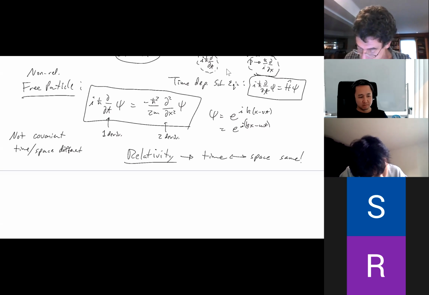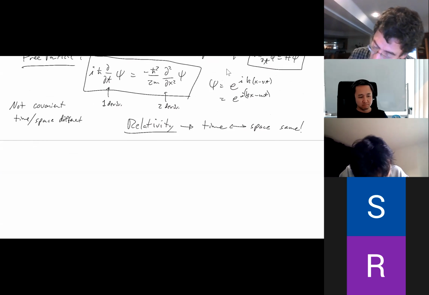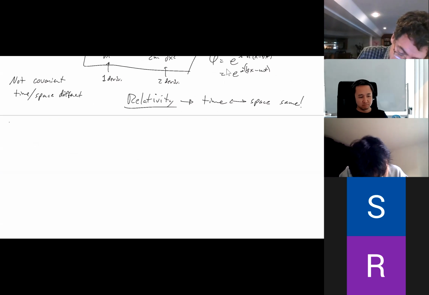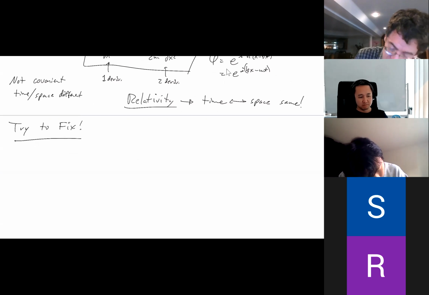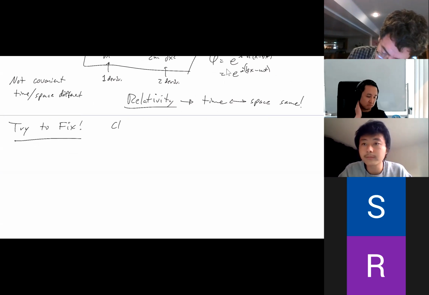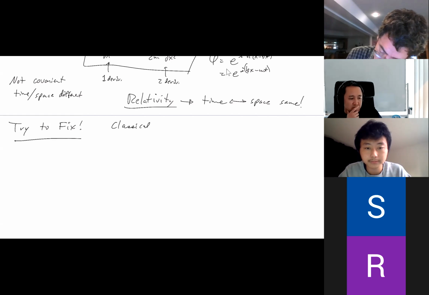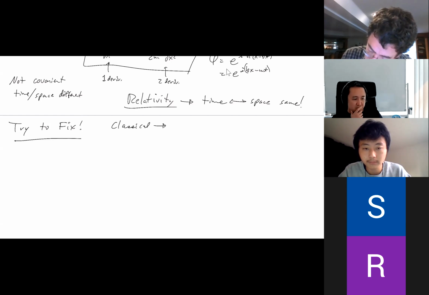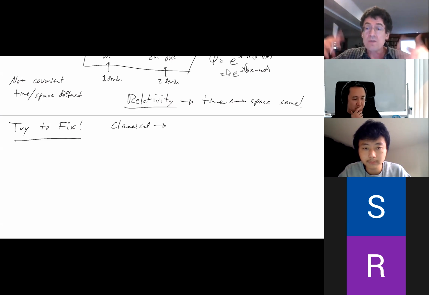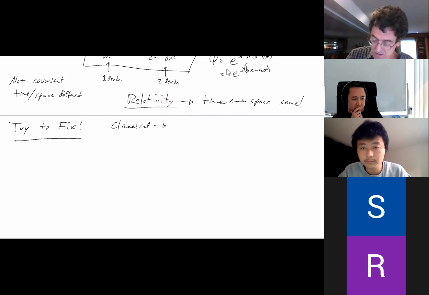So how do we fix it? Let's try to fix it. The most obvious thing is to do the whole thing again. Let's go back to classical physics, now including relativity, which is still classical.